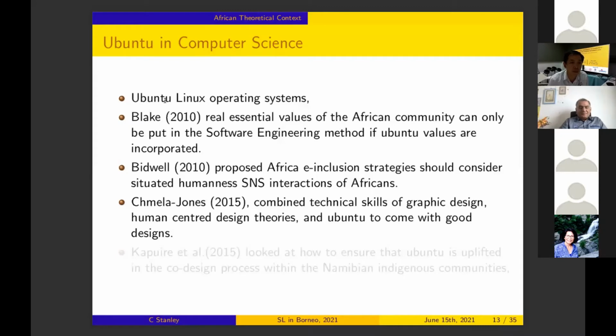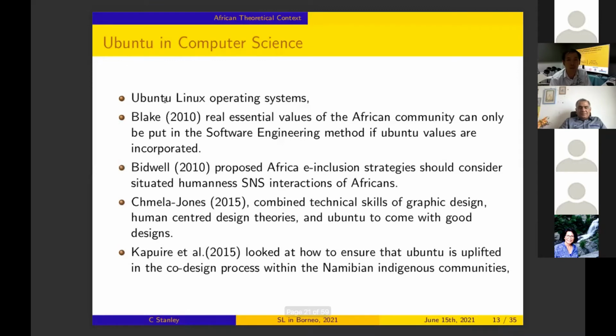Also Bidwell proposed that an African inclusion strategy should be considered in social network science interactions. And also we need to combine technical skills and graphic design, human-centered design theories, and Ubuntu to come up with good design.